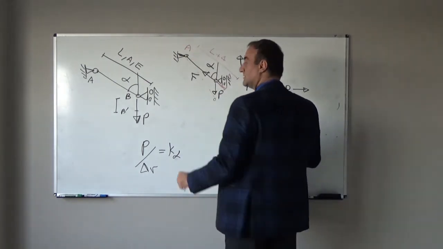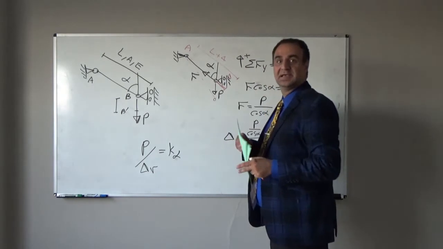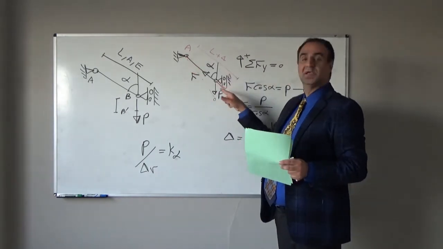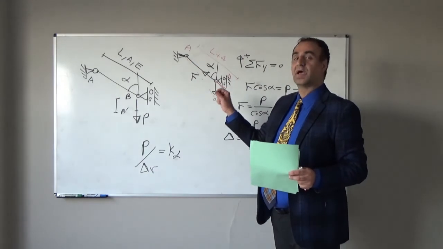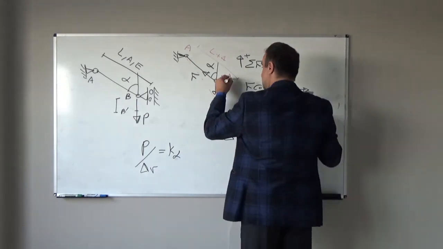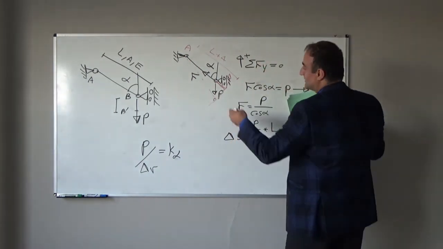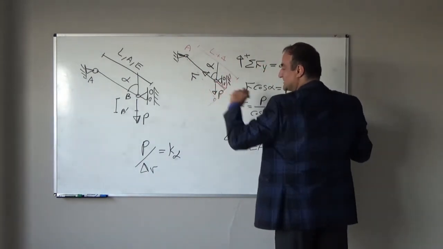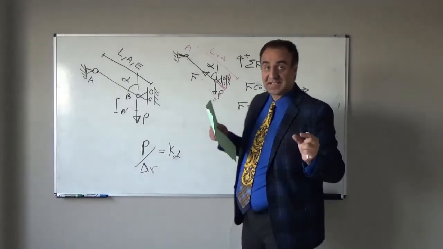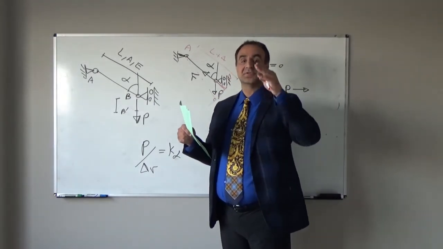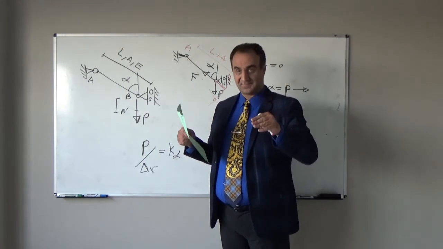It means for the center of A and for the radius of L plus delta, if I draw one arc like this, it will show the location. That arc, in the small deformation range, will be similar to the tangent to the pathway.